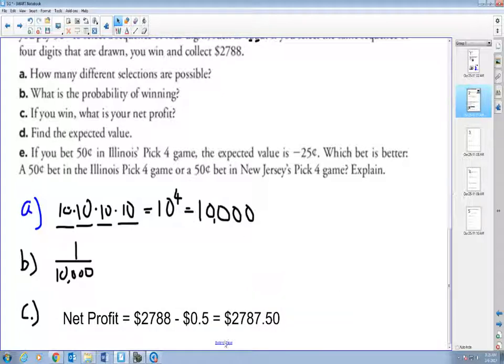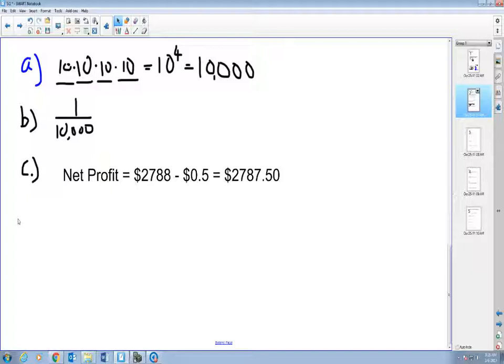Find the expected value. Alright, so here we go. My random variable x has to be referring to my win or loss, the money. I'm going to put this in red. If I play, I will lose.